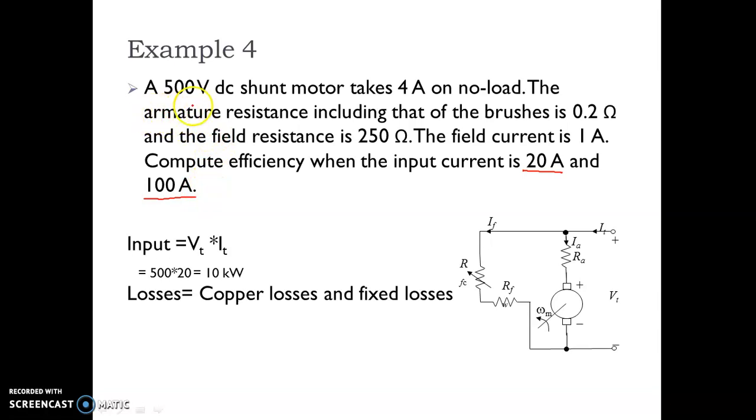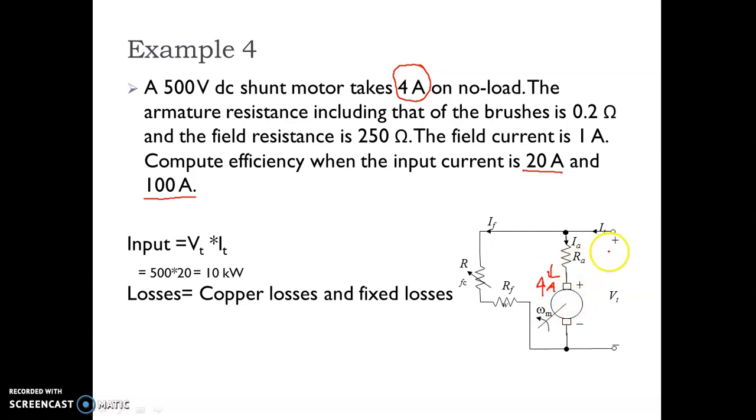So a 500 volt DC shunt motor takes 4 ampere current at no load. Means when load is not connected on this motor, the current going in this motor is 4 ampere.